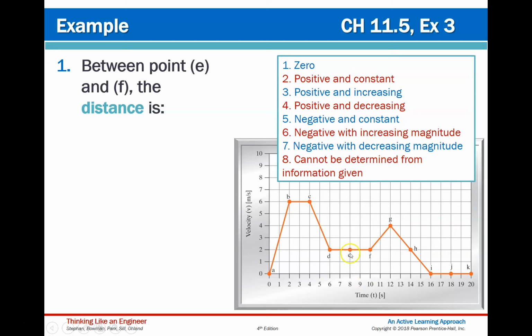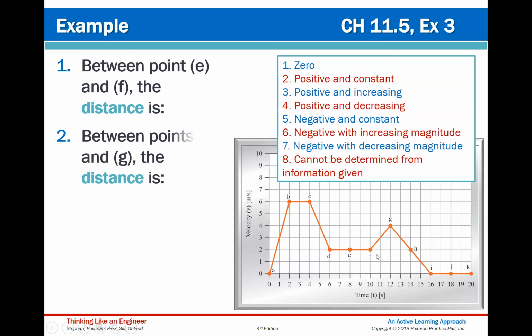So the area under this graph, okay? From E, it is positive and increasing, right? As we go from E to F, we are adding area under that graph, all right? So it is positive and increasing, okay?